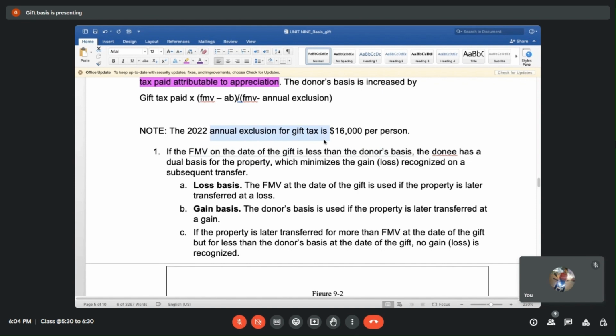And this may happen 5 years later, 5 months later, or whatever. It may happen anytime. So at the time of gift, we need to put all these records in place: that I received the gift on, say, June 15th, 2023. At that point in time, fair market value was this much. The person who gifted me, that person's basis was so and so, and keep it in your records.